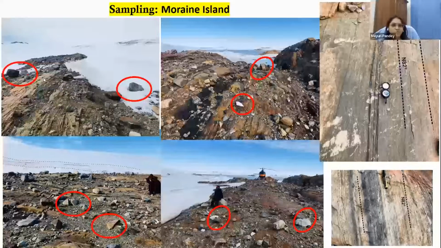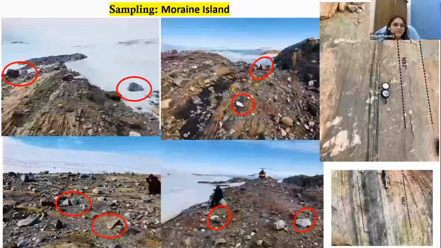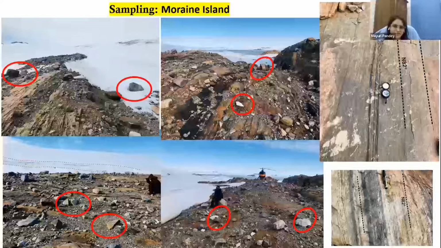One was the bigger boulders. Second was the outwash plain with a huge amount of tillites. And third was the embedded sediment layers between the two ice sheets. Now, if you see over here, there are bigger boulders, and along with that there is small fine-grained material, or sediments.